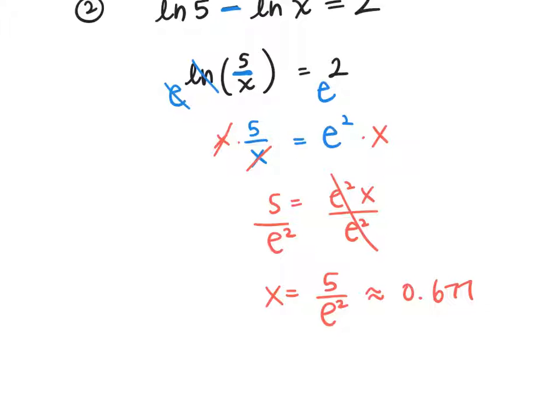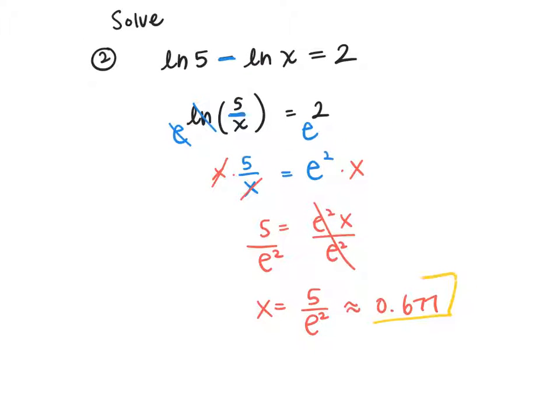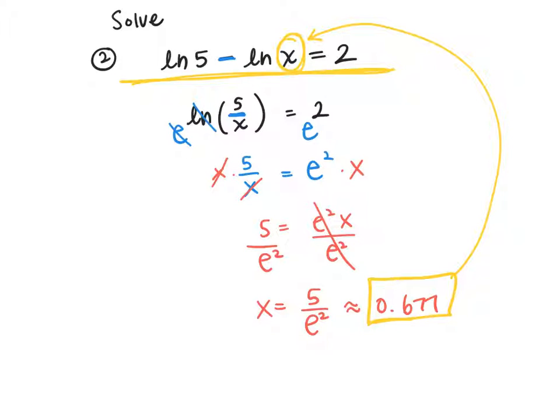Again, we need to check that our final answer makes all arguments positive. If I look at the original equation, the only argument with a variable is this one, and if I plug it in, the overall value of the argument is positive. It's just 0.677. So I know I'm good to go. This is my final answer.